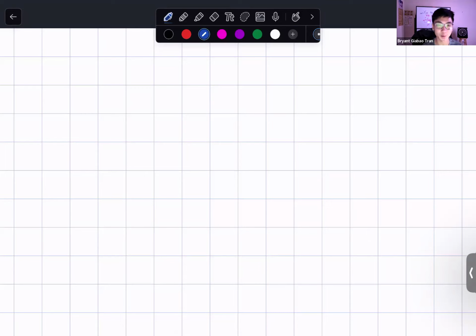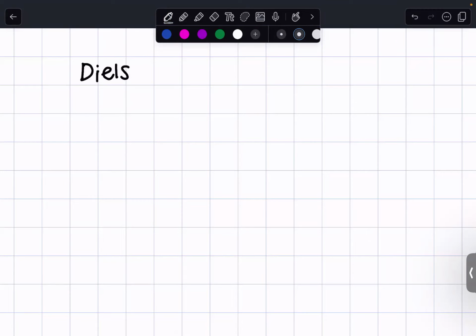So it's more conceptual, vocab style. Let's explain it in terms of Diels-Alder because that's going to be easier to explain.